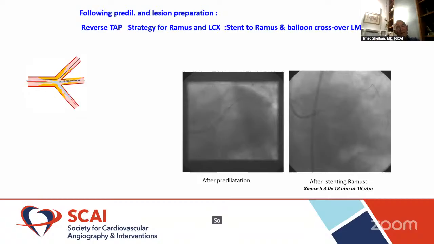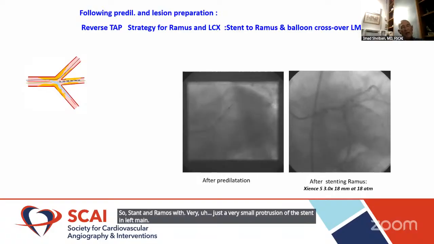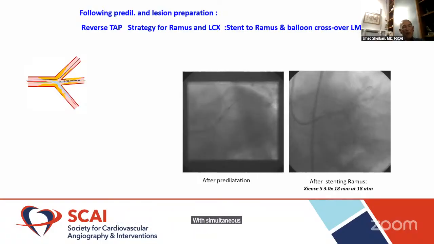So a stent in the ramus with very small protrusion of the stent in left main, with simultaneous balloon going crossover from left main to circumflex.